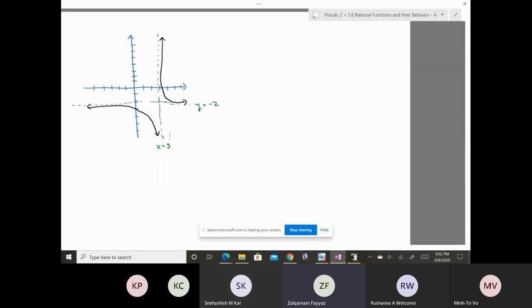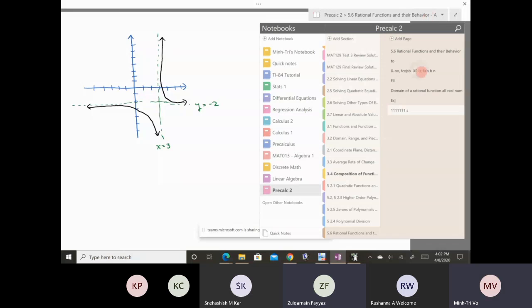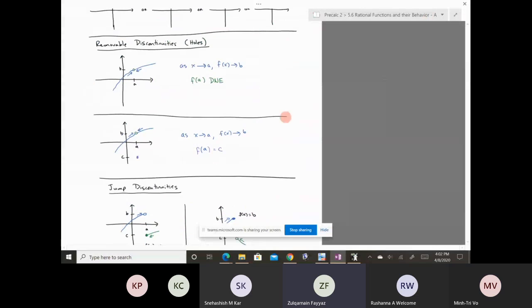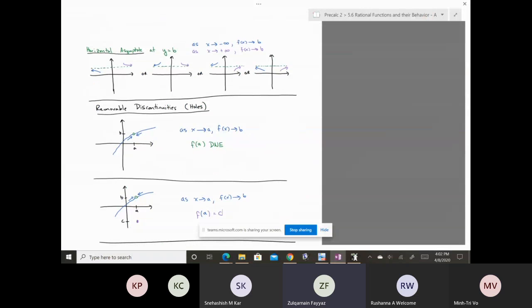Okay, in horizontal asymptotes, it's page number 3 from the notes, the top example. Can you explain if the arrow is above the asymptote and if the arrow is below the asymptote? It doesn't matter whether it's above or below.